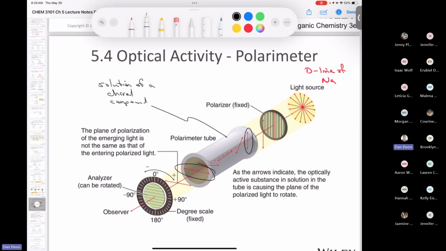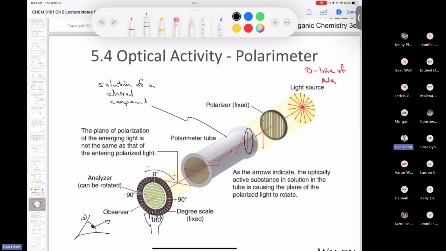With the analyzer, meaning the filter on the other end, you're the observer down here with your eyeball. You take your hand and rotate this until you can see the maximum amount of light coming through. Then you read the angle here, and that tells you by how many degrees your chiral compound is rotating the plane polarized light.